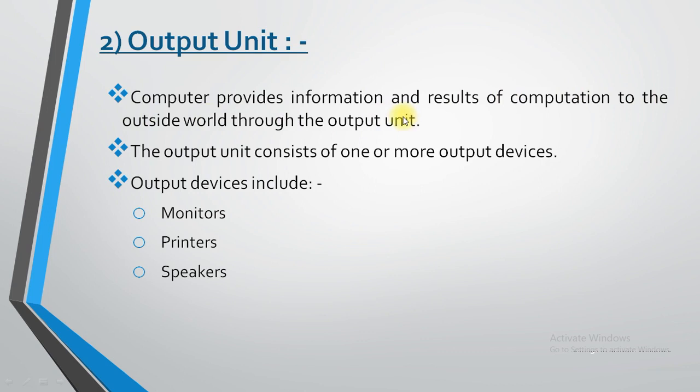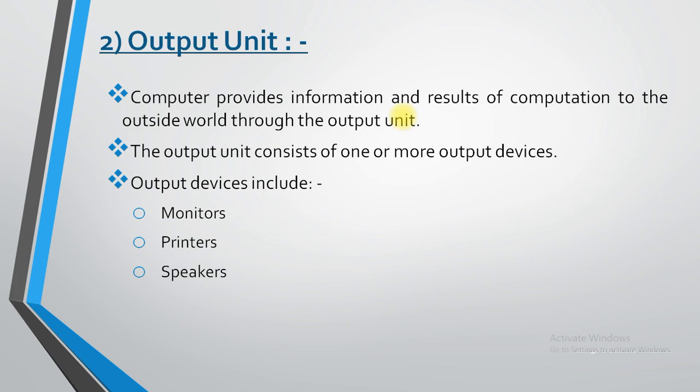That means whatever data is there after the processing is known as the result, right? So whatever the result is, you will show it to the outside world. Outside world means the user, right? So what is the function of the output unit? The output unit will transfer that binary data into human understandable language.